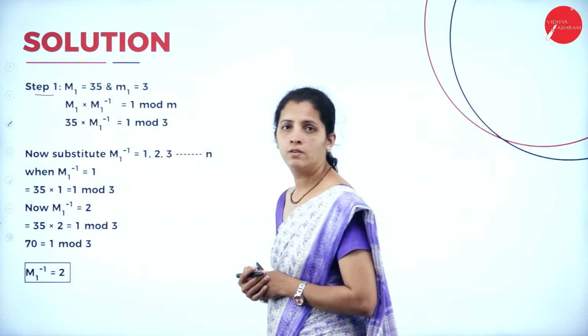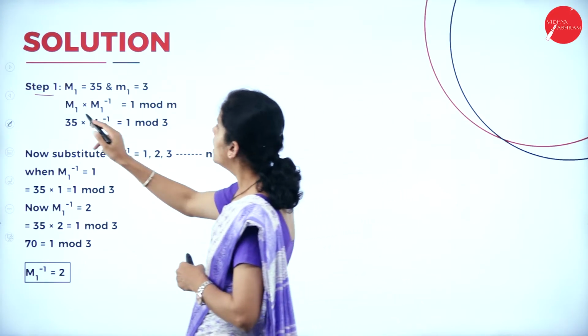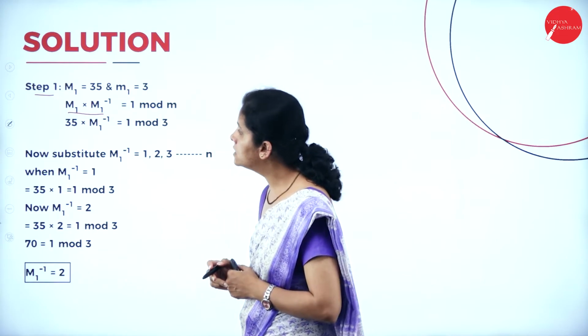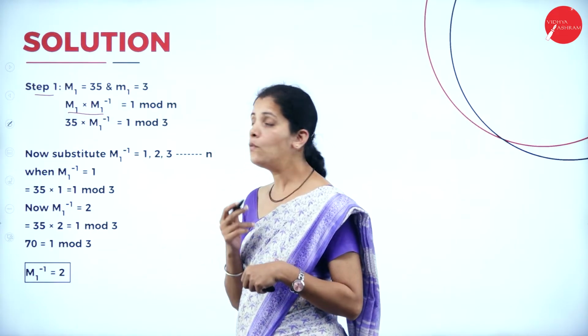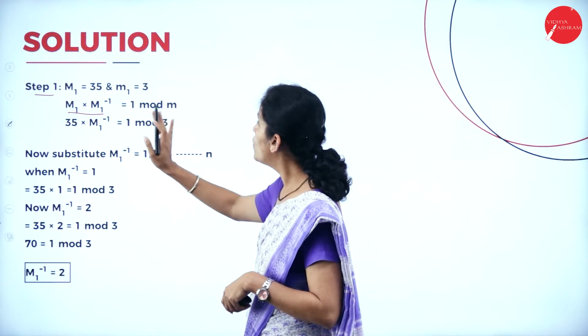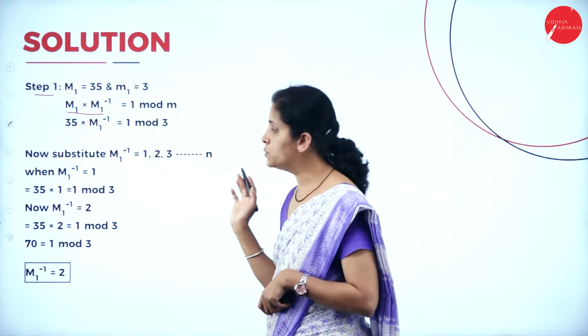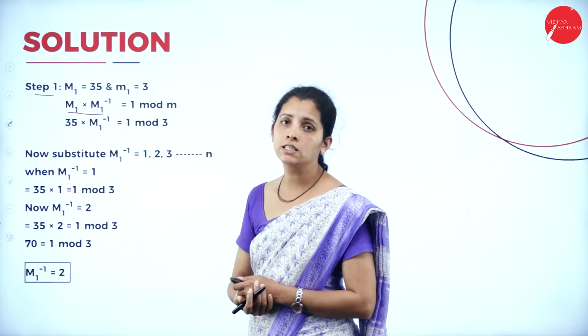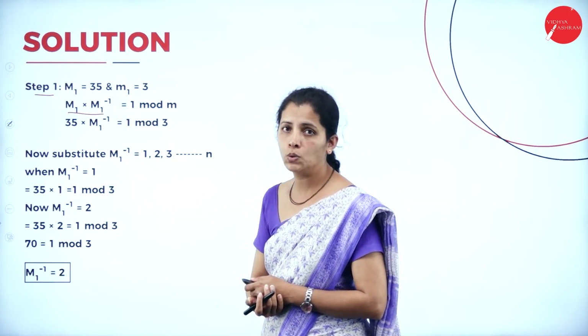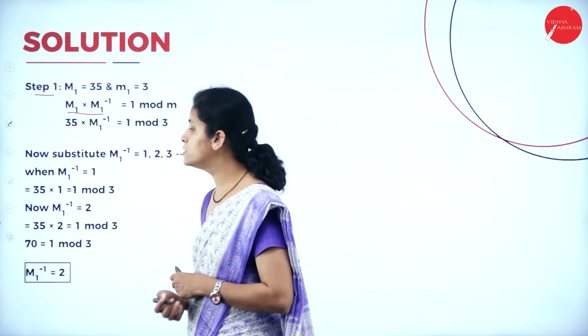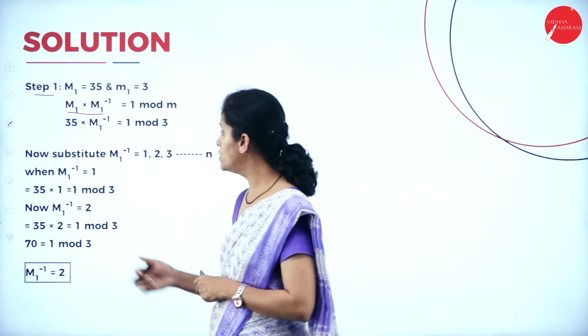It is 3. Now I'm going to apply the formula, that is 35 into M1 inverse equal to 1 mod 5. Now I'm going to start substituting from 1, 2, 3 and it's going to continue. First I'm going to substitute M1 inverse equal to 1.